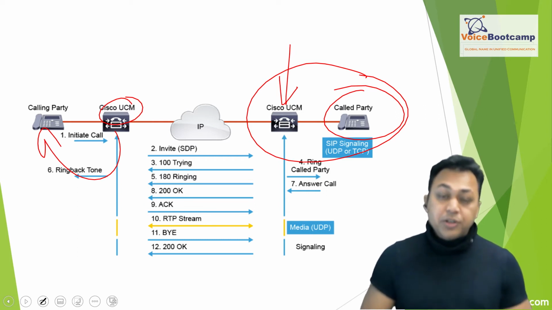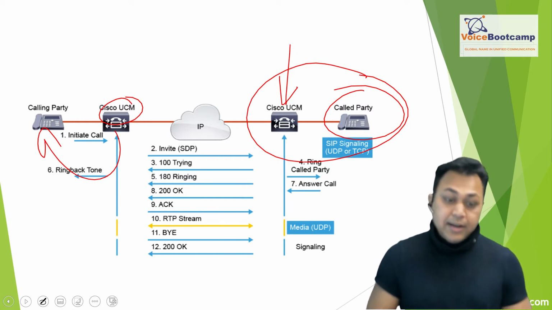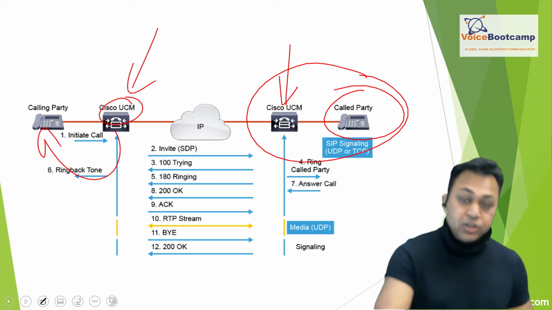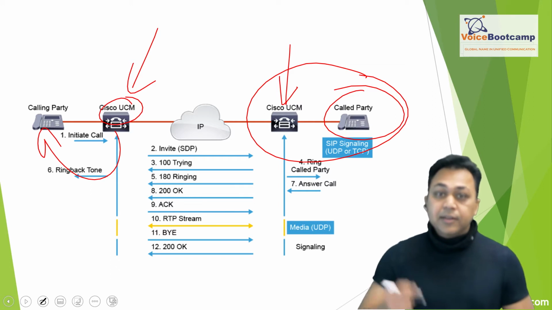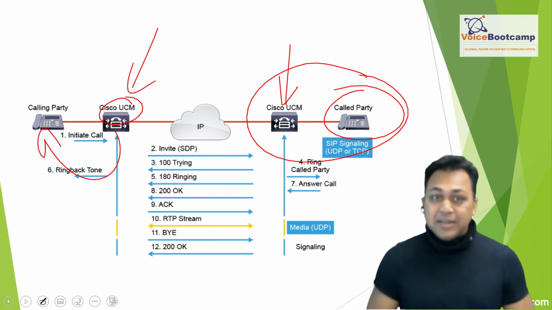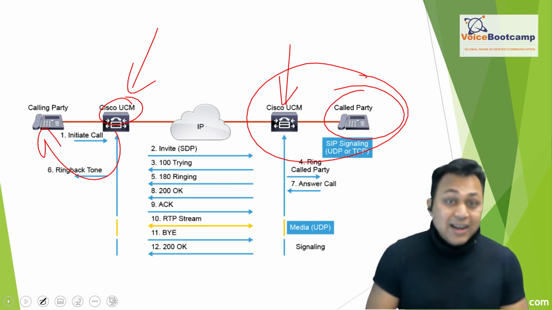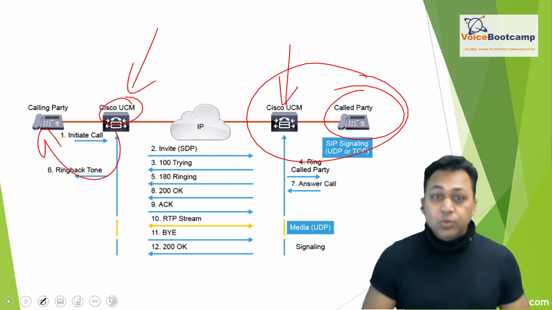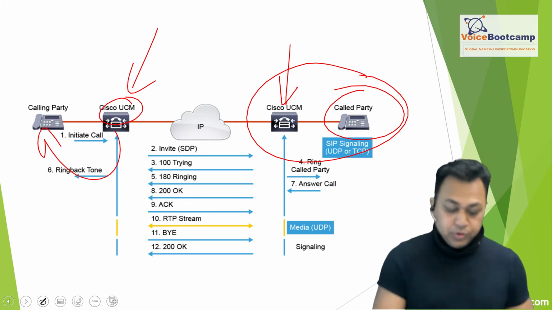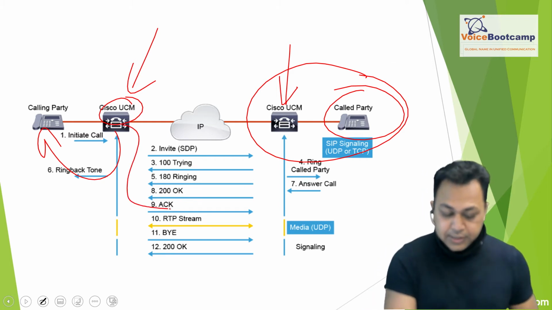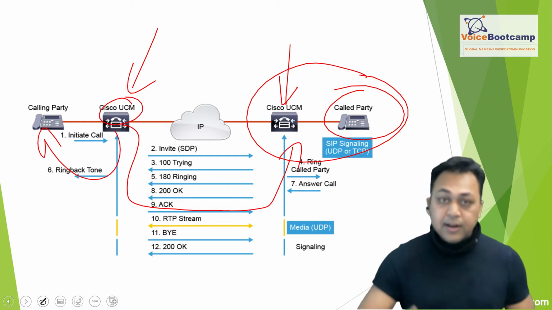It responds positively to the user agent client, saying, okay, everything is okay. So it will send an acknowledgement in step number 9. Step number 9, the originating UAC will then issue an acknowledgement, saying, okay, I received your information.